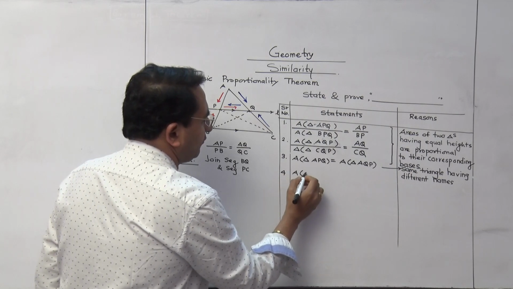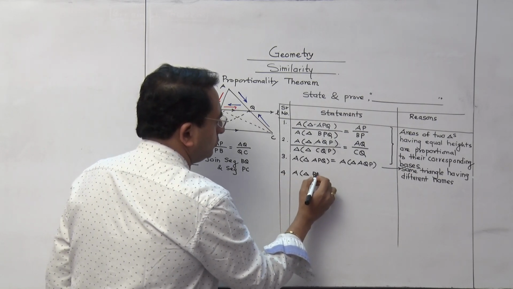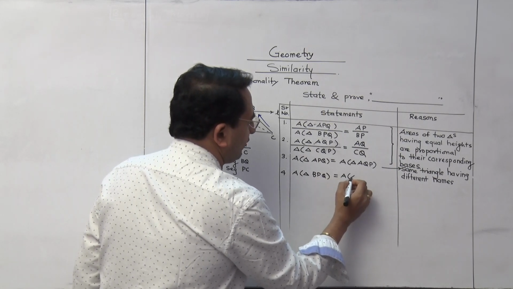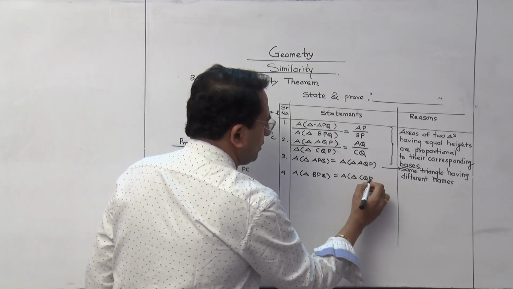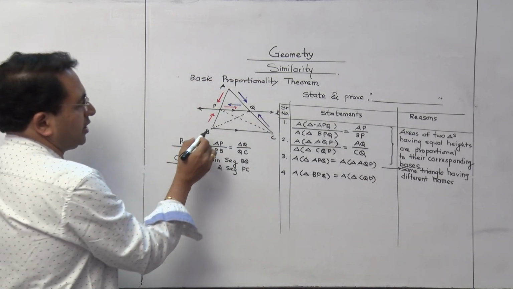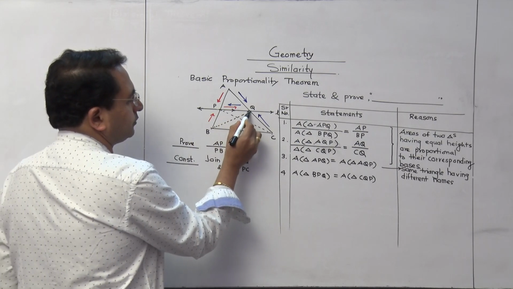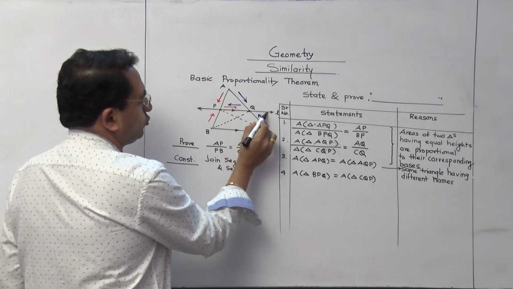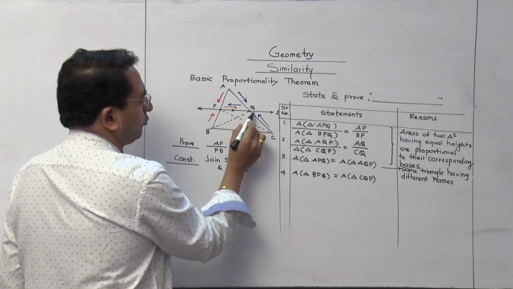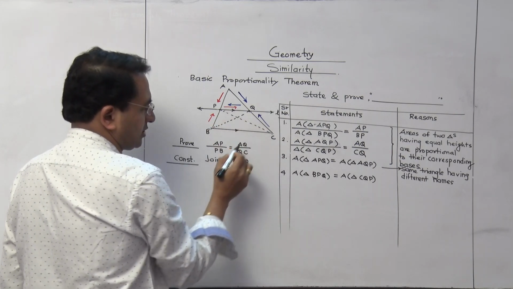Area of triangle BPQ is equal to area of triangle CQP. Now what is the meaning of that? Check this. BPQ triangle is between these two parallel lines, and CQP triangle is also between the same two parallel lines.